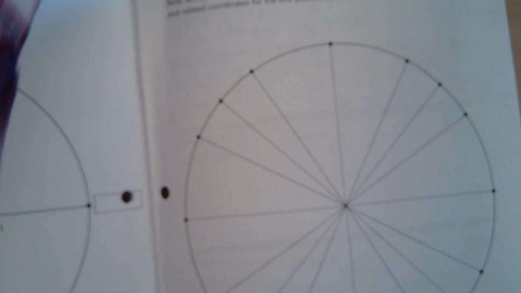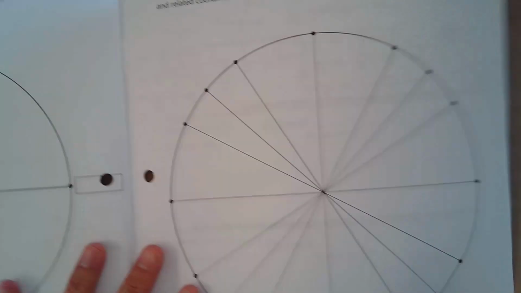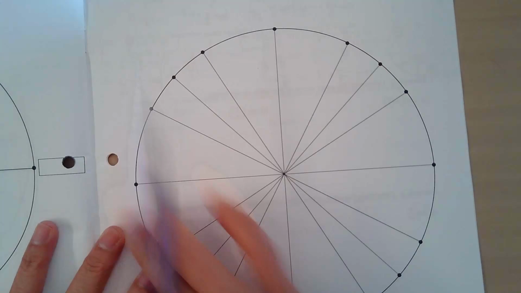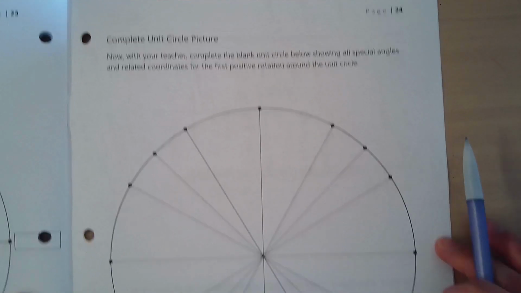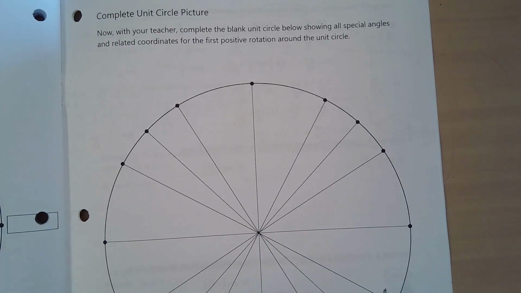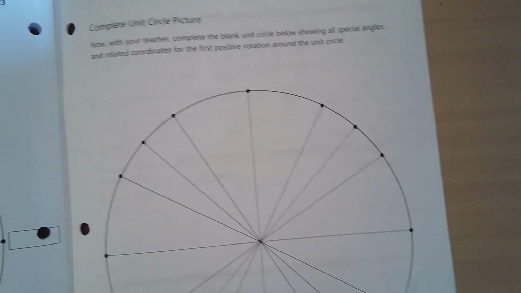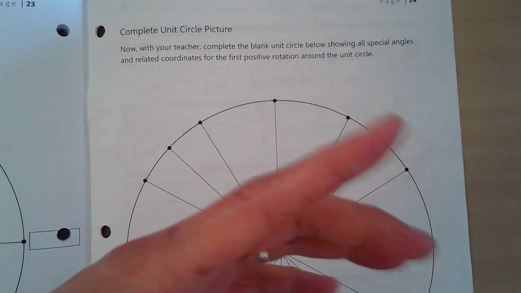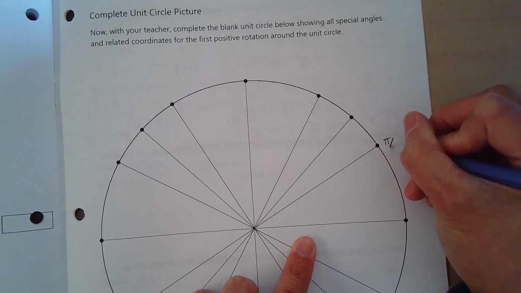So when we actually put them together, we can do that over here on page 24, and certainly you can do this on your own. Now it says here, with your teacher, but I think you could do it on your own, right? Because you got the pi over 4 in here.